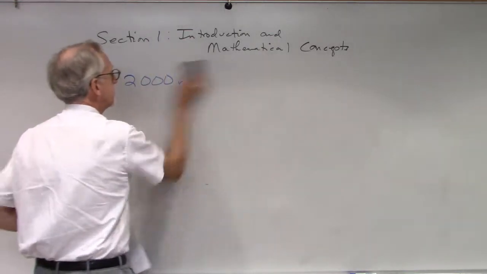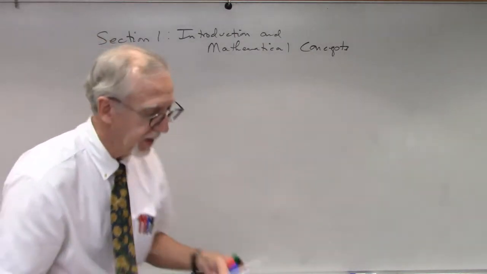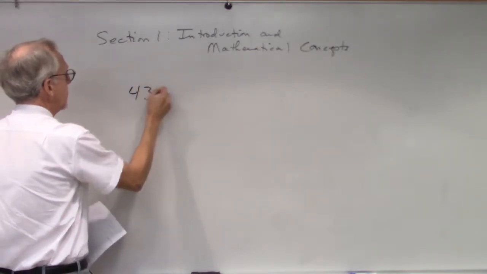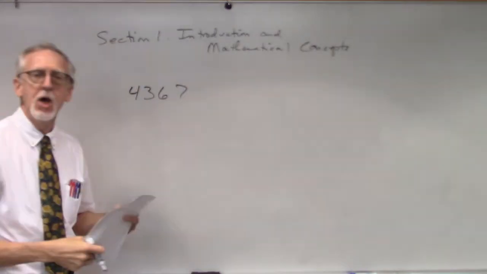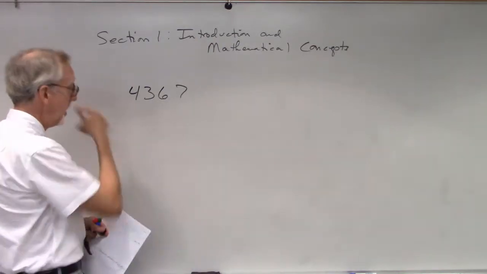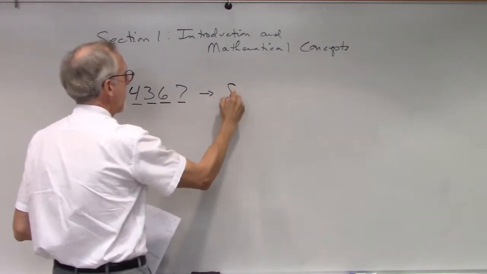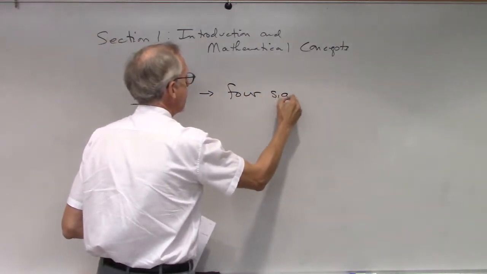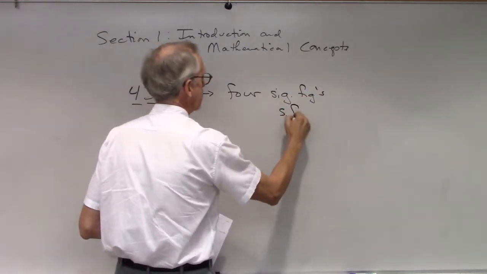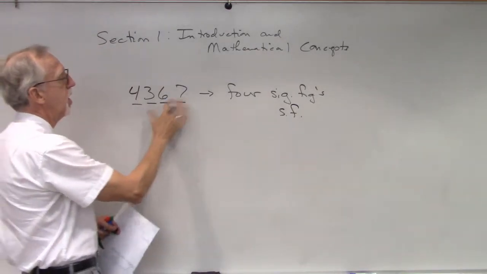Well, if the number does not have any zeros, it's pretty easy. So for example, if we have a number like 4,367, all we have to do is count up the digits, and that's how many significant figures there are. So 4, 3, 6, 7. That number has 4 significant figures, or I'll say sig figs for short. Sometimes I'll just write this as SF, sig figs, significant figures. So that number has 4 significant figures.